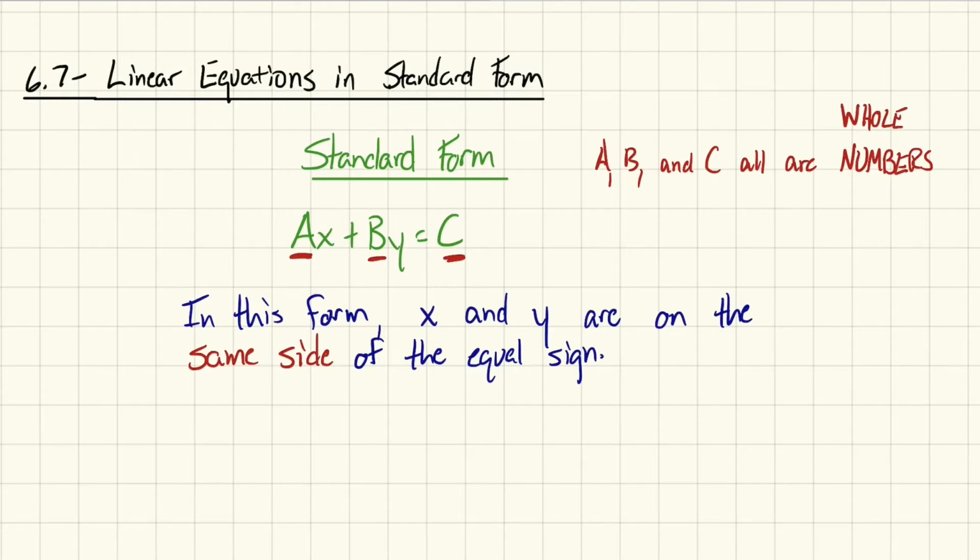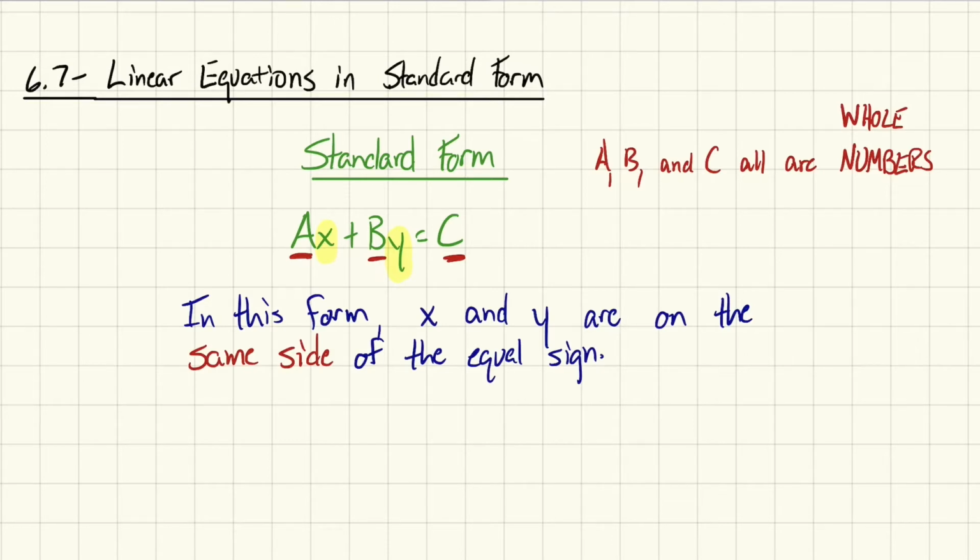The other important thing to take a look at is that x and y are on the same side of the equal sign. Now this is different because before we've always had y equals whatever in either format, but in standard form, both x and y are on the same side of the equal sign.